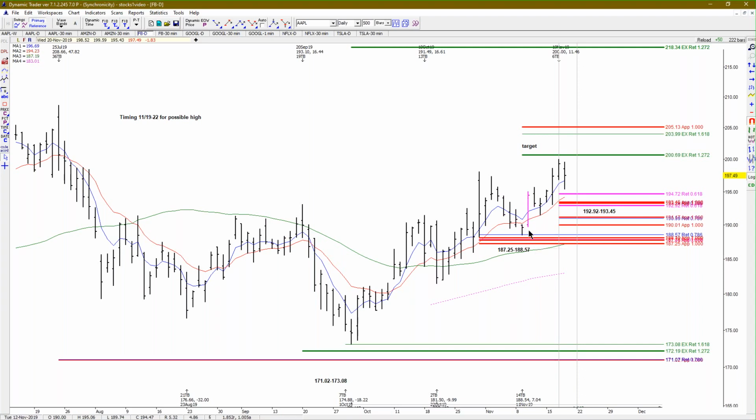The management includes where your initial stop is going to be: under the low or under the cluster? Then how you are going to trail a stop if it moves in your favor. And the third thing is where you are going to exit. Am I going to get out of partial positions at the 1272, or just use a trailing stop and let the market take me out? Those are the things you need to look at.